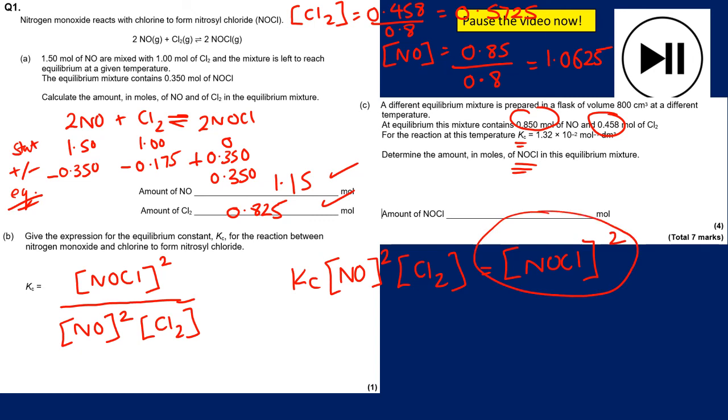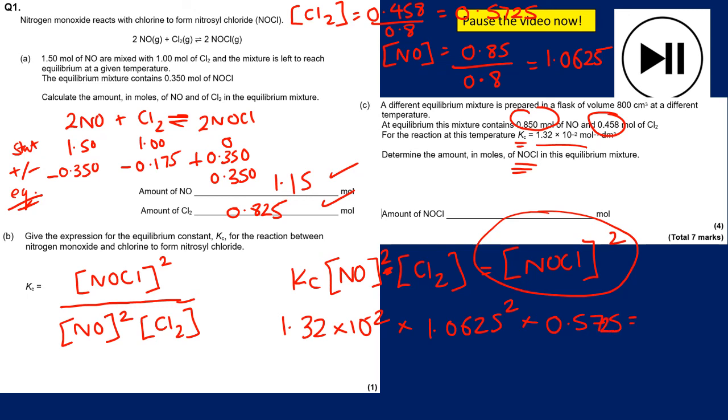So now I'm going to work out this value here. It's going to be Kc, which is 1.32 times 10 to the minus 2. I'm given that in the question, look. I'm going to times that by my concentration of NO, 1.0625, but that must be squared. And I'm going to times it by the concentration of Cl2, but that doesn't need to be squared. It's just 0.5725.